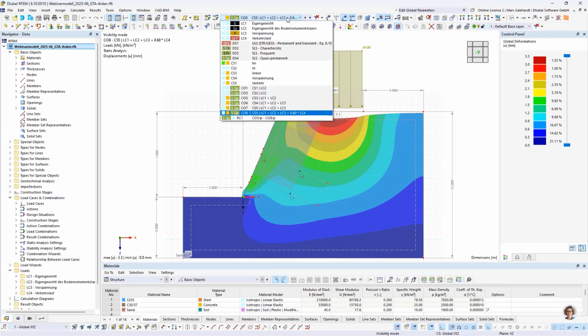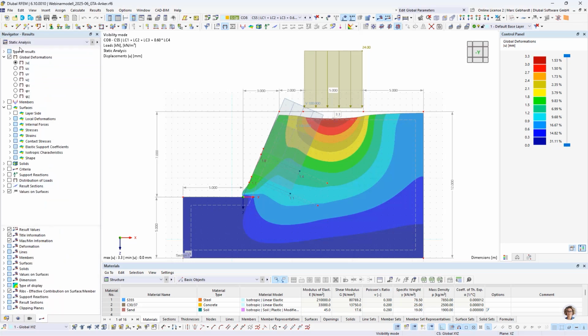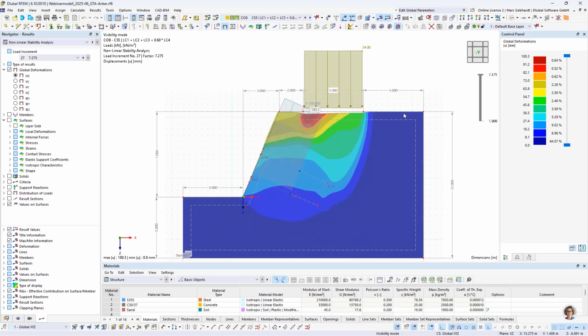and here you see the global deformations by load combination with the vehicle load. You see it's only a high deformation on the top, and if we go to the nonlinear stability analysis, we see that we're going further and not in the middle anymore, as preparing for a slope destabilization.